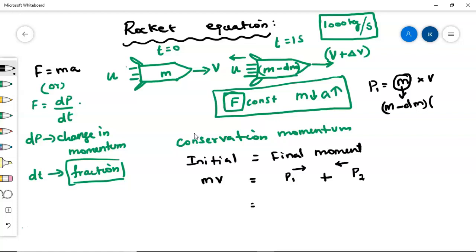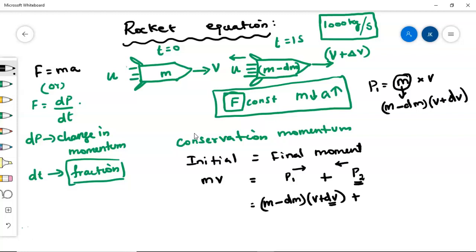What about the velocity of the rocket? Some velocity is added. So let's have here dv. The velocity is increased. So we are going to write here p1, the mass m minus dm of the rocket and the velocity of the rocket, with some amount of velocity added up here.